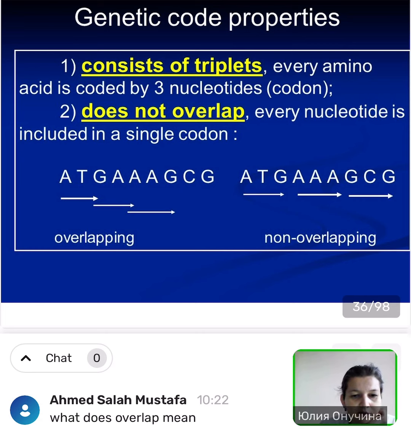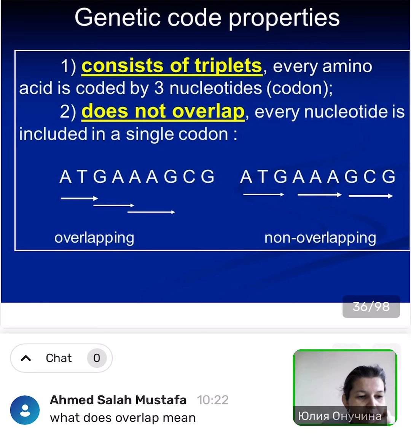You see in this slide overlapping. The first codon ATG, the second codon will be G again, AA. The next AAG. So one nucleotide will take part in the information of two codons.